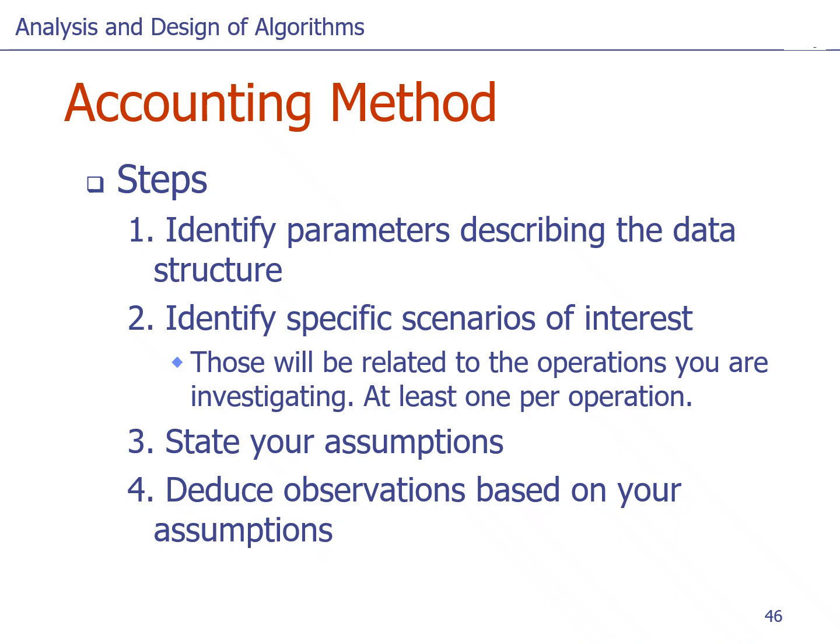And you should find one critical case, obviously, per operation. Third, you state your assumptions based on the parameters and the critical cases. Deduce observations based on your assumptions. Again, you have some leeway here in the assumptions. As long as your assumptions are realistic, then you could simplify what you're working with, provided that you don't go into naive cases or unrepresentative cases of what actually happens.